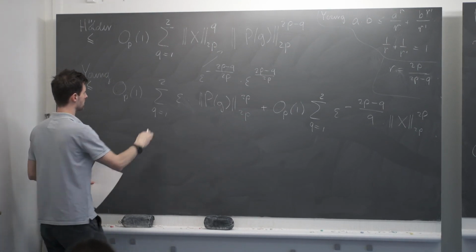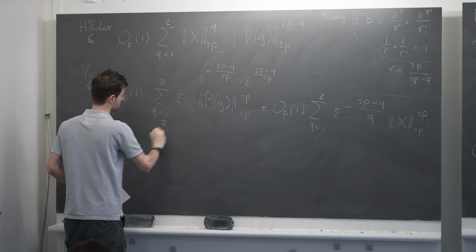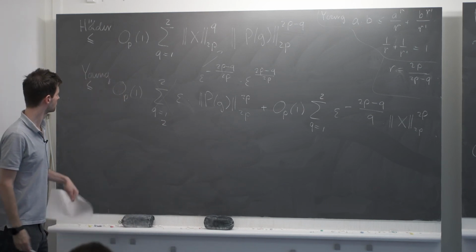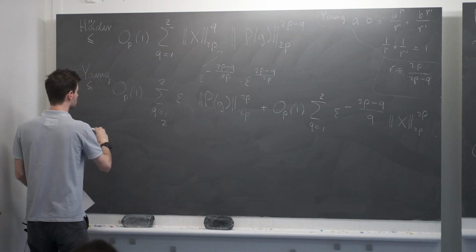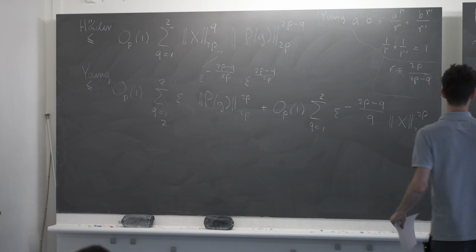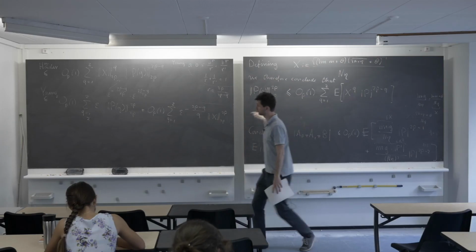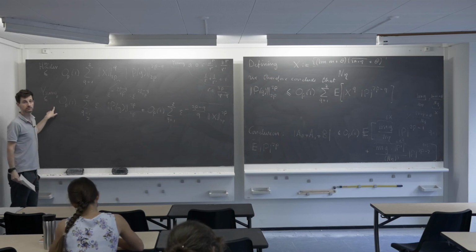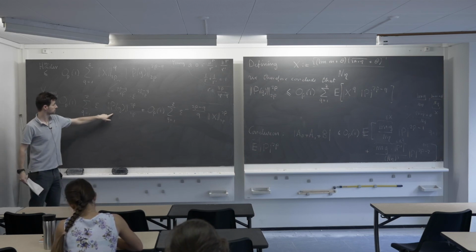This sum now doesn't do anything. We can just replace it with a factor 2. And now I want to be able to close this equation. This was an estimate for this quantity, and I can close it provided the prefactor here is less than, let's say, 1/2.